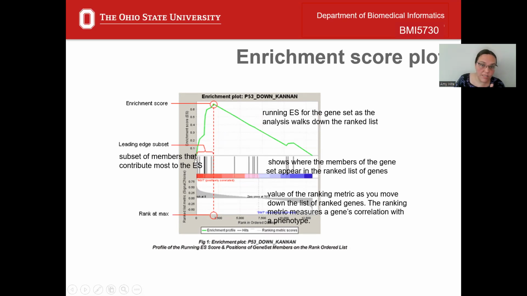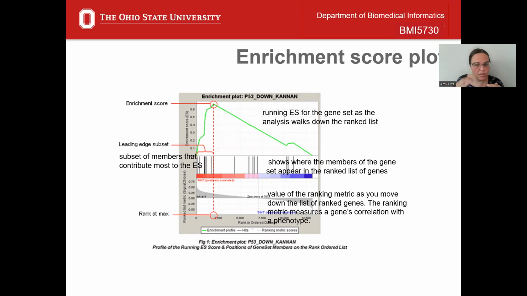Once it draws this line, it's going to ask, where was that maximum enrichment score? That value is our enrichment score. The leading edge subset is this group of genes that exists in our data set and in the gene term that will be listed in the results of this gene set enrichment.